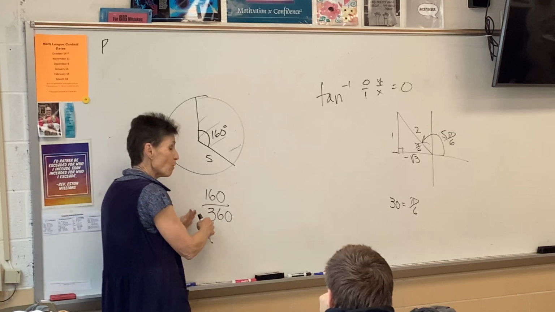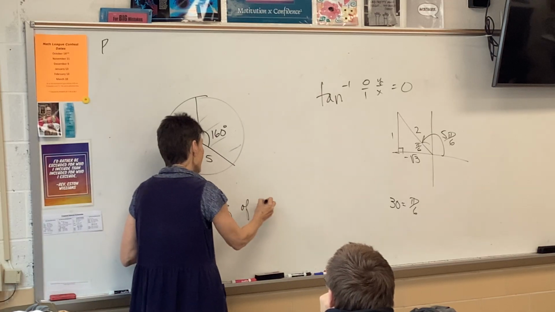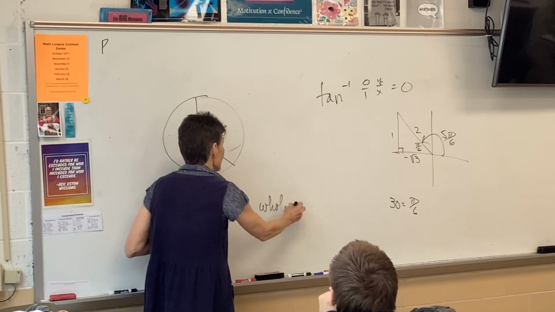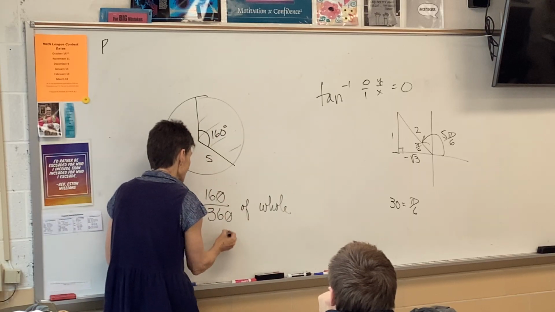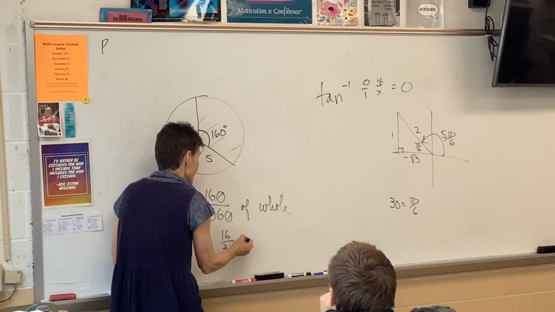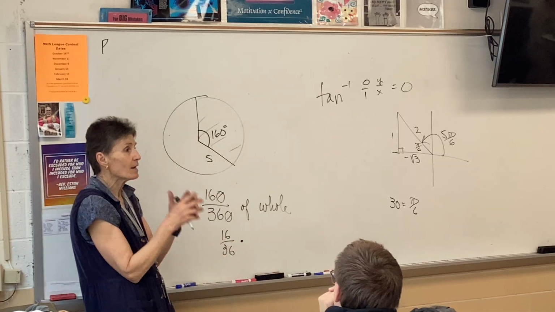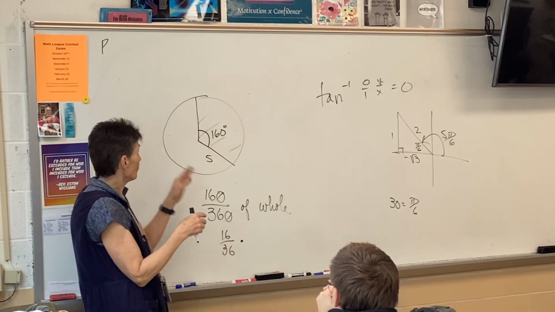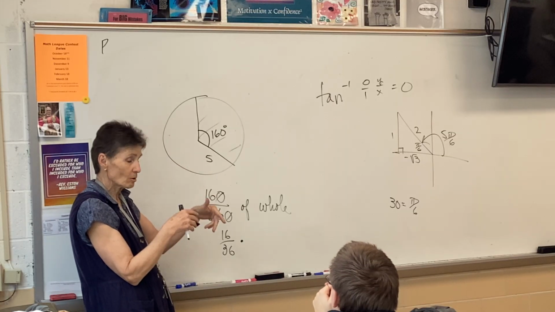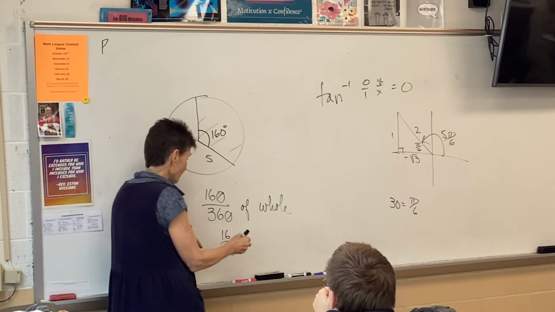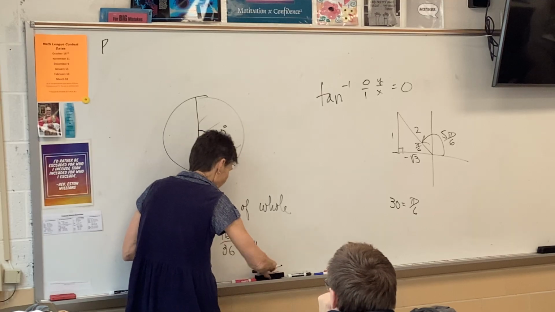So that fraction of the whole thing is what's shaded. That's 160 over 360 times the area of the whole. Well, what's the area of that whole circle? Pi r squared, which would be 25 pi.